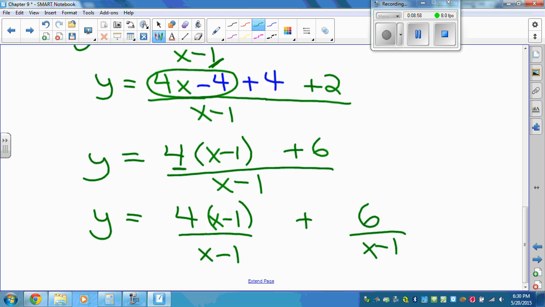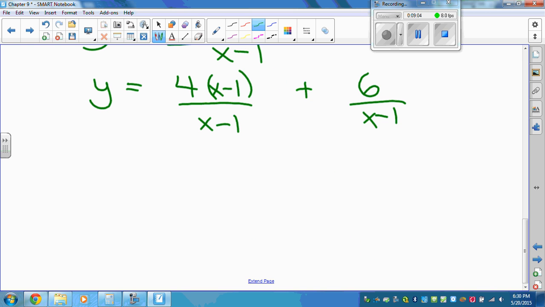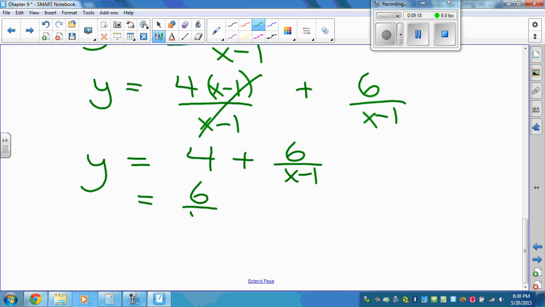Remember, when we have a common denominator, we can combine or we can separate. Now look at this. I have 4 times x minus 1 over x minus 1, and that cancels out. So I simply have y equals 4 plus 6 over x minus 1. I'm just going to rewrite that order, and you can see that now I have it in the form I wanted.